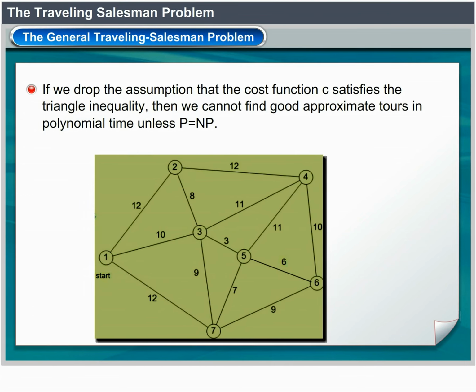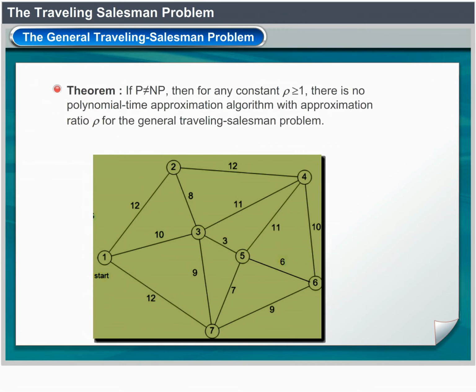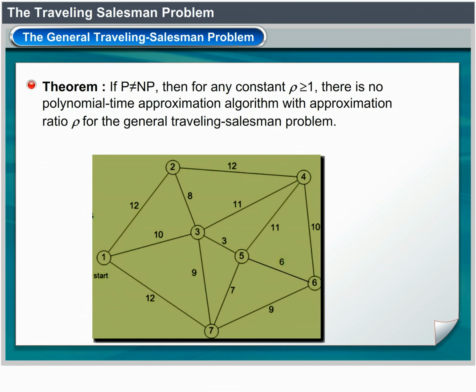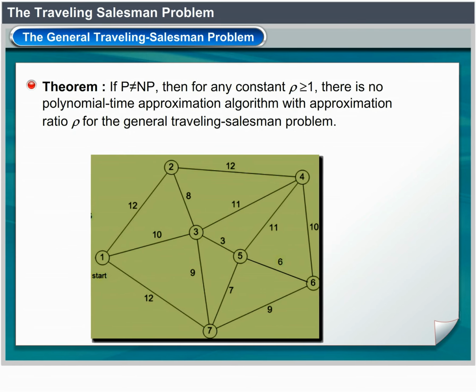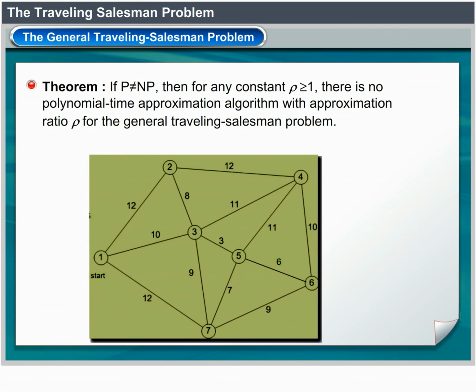Theorem. If P does not equal NP, then for any constant rho greater than or equal to 1, there is no polynomial time approximation algorithm with approximation ratio rho for the general traveling salesman problem.